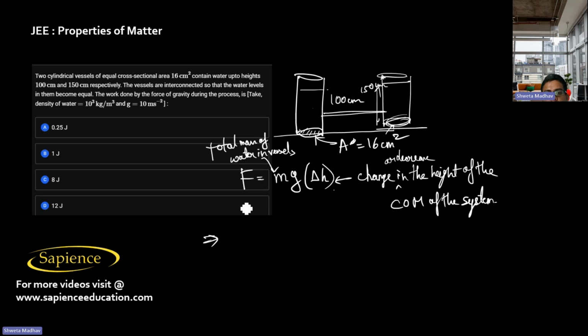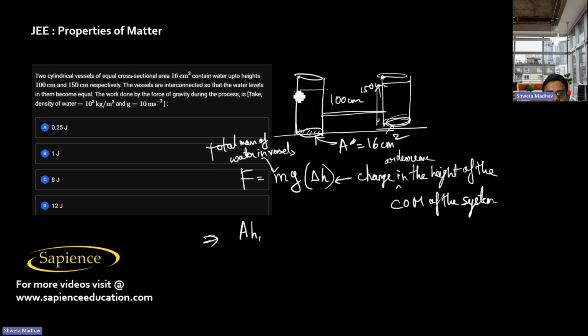So the total mass of water in the vessels, that will be area into H1.